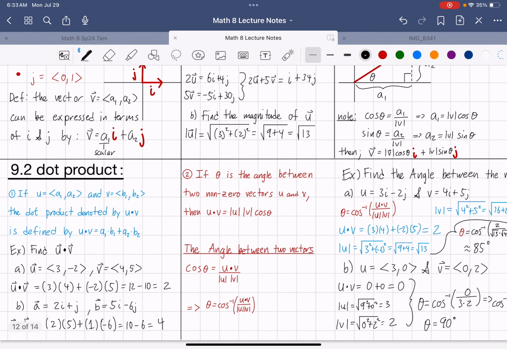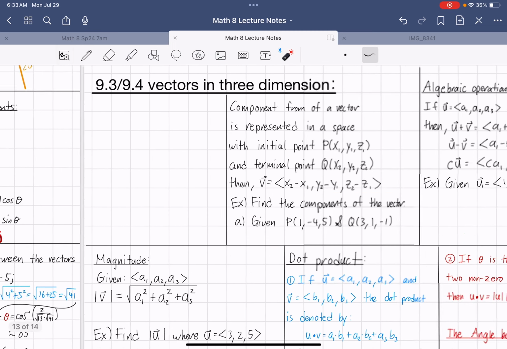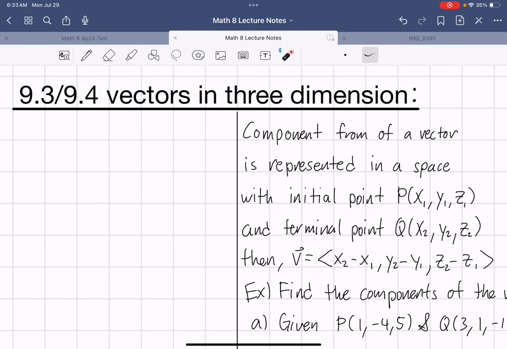Now that's it for 9.2, just looking at the two different versions of the dot product. In the next section, we are going to look at vectors in 3 dimensions. But this is truly going to be the same exact thing we did for 9.1 and 9.2. We're not going to change anything.